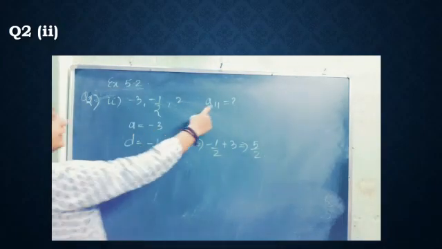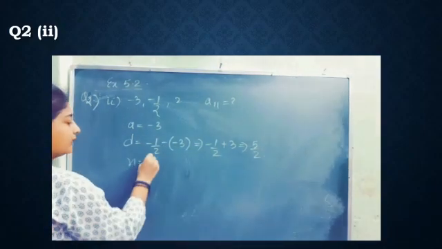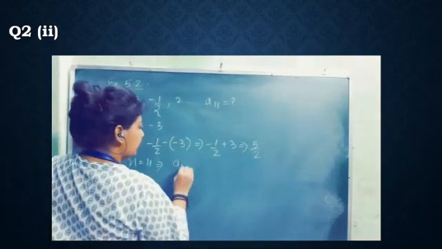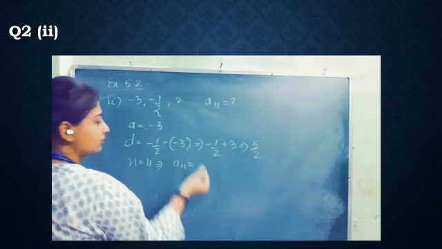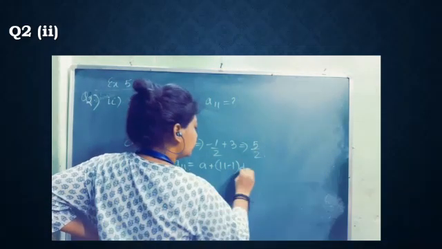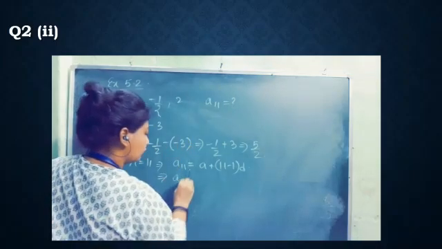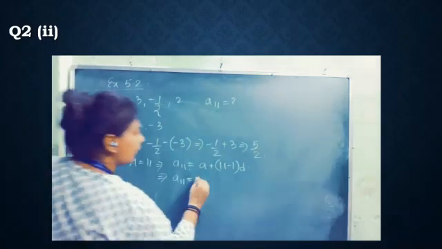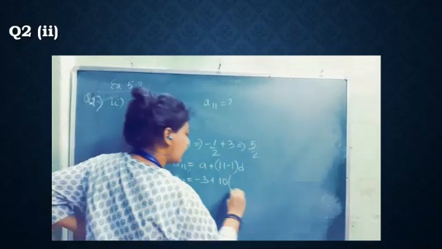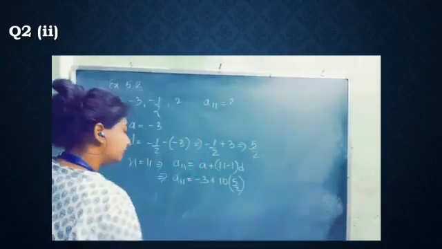Now we have to find the 11th term. So n is equal to 11. We can put it in the formula. a11 equals a plus (11 minus 1) into d. Putting the values, a as minus 3, 11 minus 1 is 10, and d as 5 by 2.